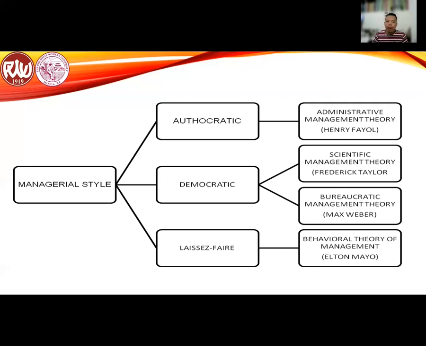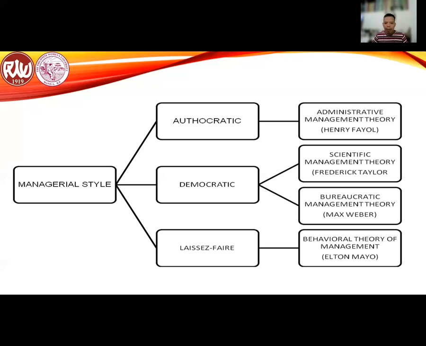Mind Tools 2020 emphasized the 4 principles of scientific management theory, namely the use of scientific method to study work and determine the most efficient way to perform specific tasks.